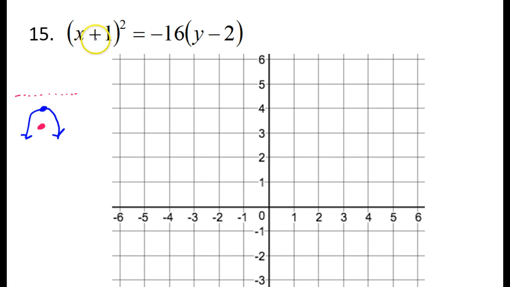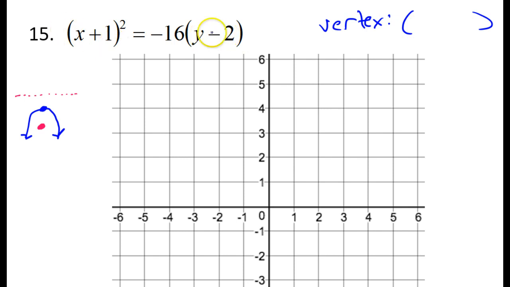At a glance, we can know the vertex when it's in standard form. It will be the opposite of this number and the opposite of this number. Be careful of the order, though, because let me just write this down real quick. Vertex. The x-coordinate of the vertex has to come from the x part of the graph.